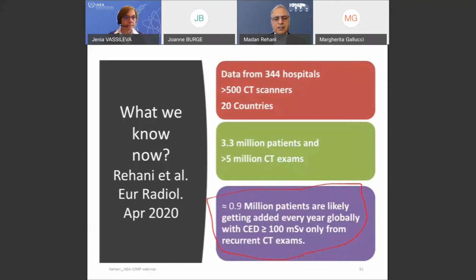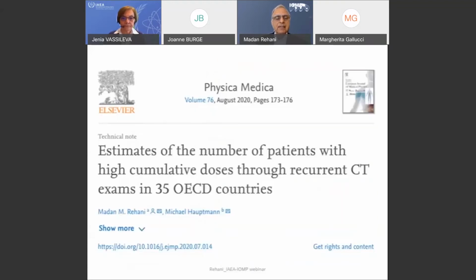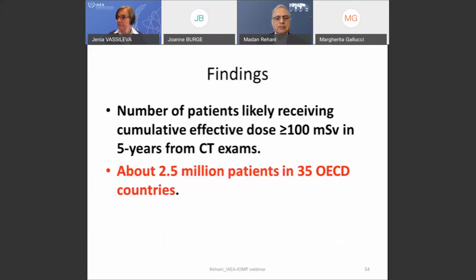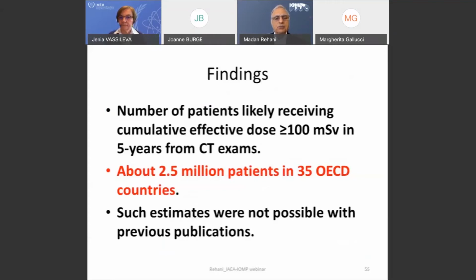So we have estimated that nearly 1 million patients are likely being added every year globally with a cumulative effective dose only from CT scans. We had done estimations for 35 countries in the OECD regions, and we found that the number of patients likely getting more than 100 millisievert in 5 years is around 2.5 million from 35 OECD countries.